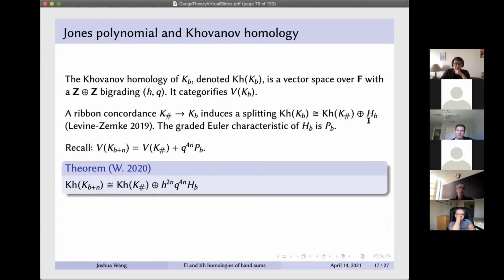But this extra bit undergoes a grading shift. So it's just this old HB, but shifted in its H grading and in its Q grading. And you'll notice that the Q grading shift is exactly the power of Q you see at the decategorified level. But the H grading shift is invisible at the decategorified level because it's shifting by an even number.